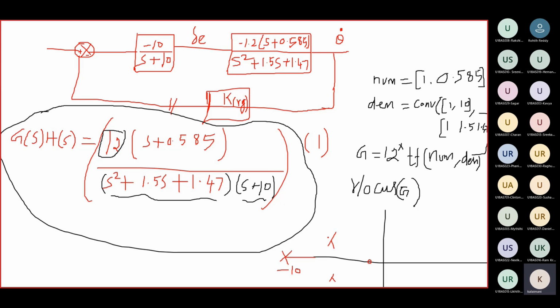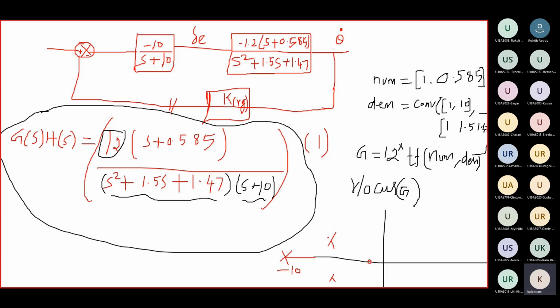The angle of asymptotes is plus or minus 180 degrees times 2q plus 1 divided by n minus m, where n is the number of poles and m is the number of zeros. In this problem I have 3 poles, 1 zero, so 3 minus 1 is 2, then plus or minus 180 degrees times 2q plus 1. If you put the values, we will get plus or minus 90 degrees.